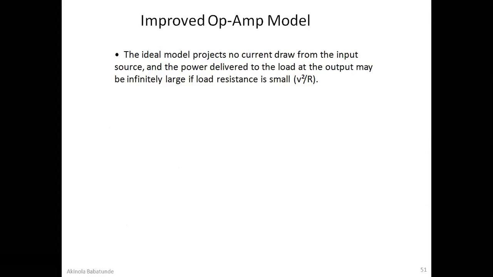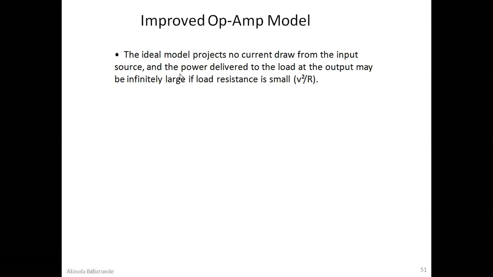the next subtopic we have, which is the improved op-amp model. We've been talking about a particular model before now, and you all have an idea of what that model is. If it is improved, what would it look like? The ideal model projects the fact that no current would pass through the terminals. We said that through the positive and negative terminals of the operational amplifier, current cannot pass into the op amp.